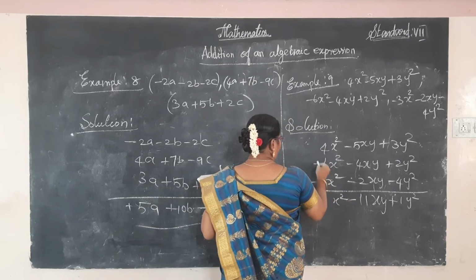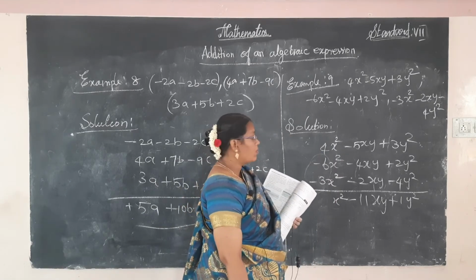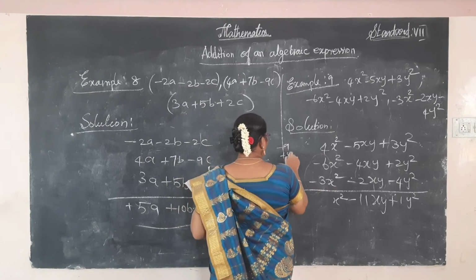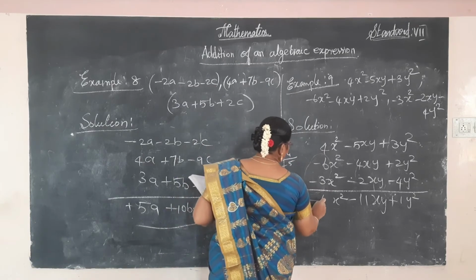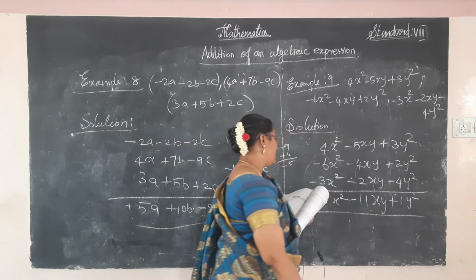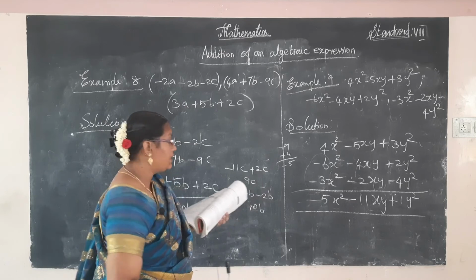Here these two are the same sign, so minus 6 minus 3 is minus 9, minus 9 plus 4 is minus 5. So minus 5x squared minus 11xy plus y squared is the answer for this problem. And move to example 10.